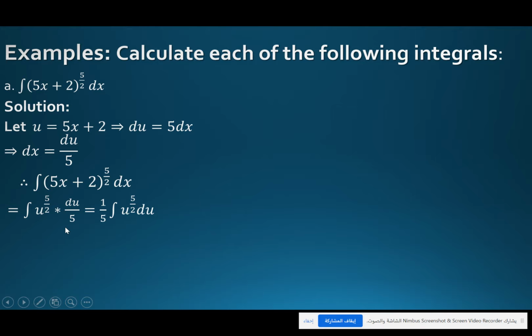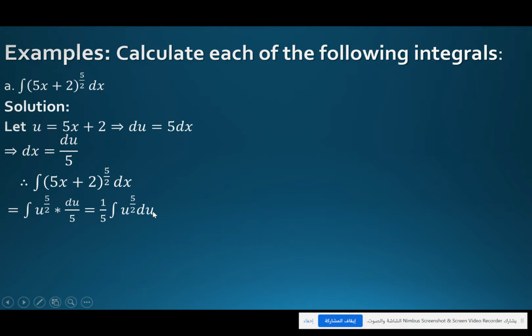I can see that this 5 is a constant and it is in the denominator, so I can take it as a common factor, 1 over 5 outside, then integrate what is left, which is u to the power of 5 over 2 du.